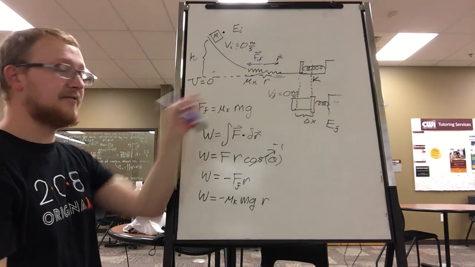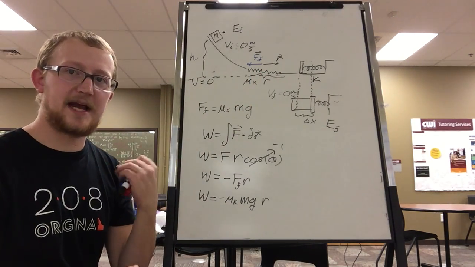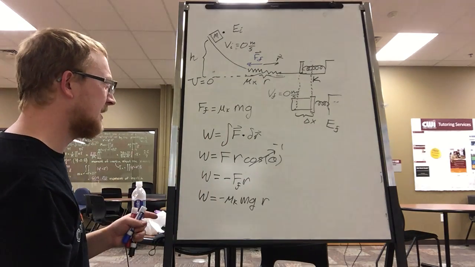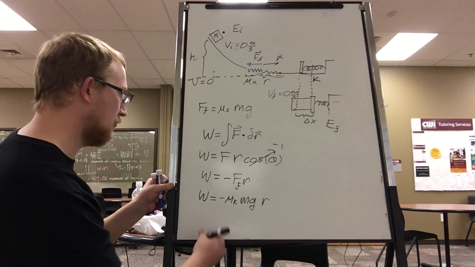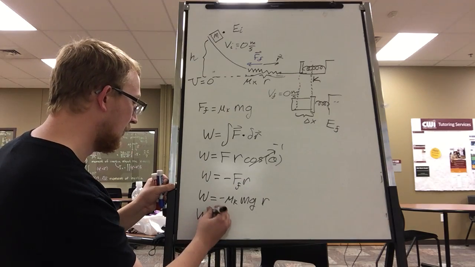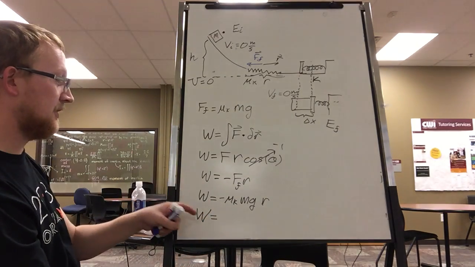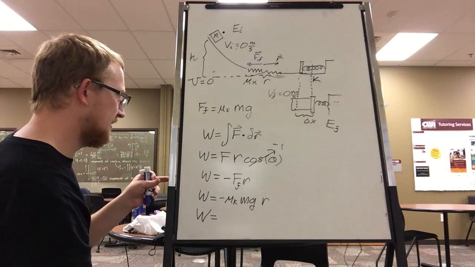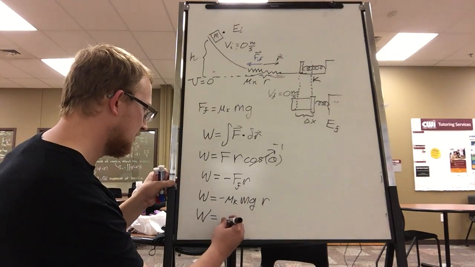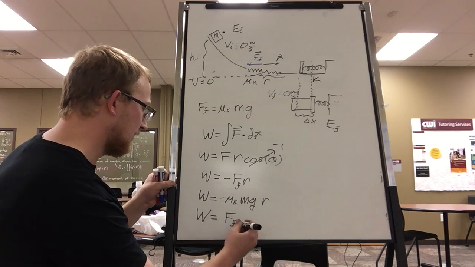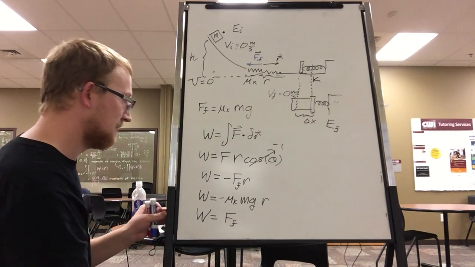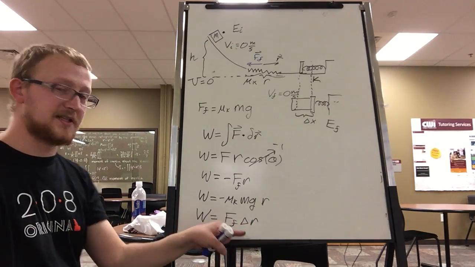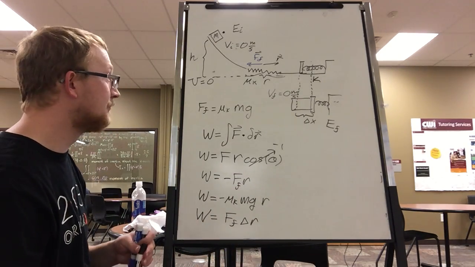So the beautiful thing about friction is that it is a constant force acting in the opposite direction, and so we don't actually have to integrate it. Now the more general form I think you would want to know is that the energy lost to the system due to friction is going to equal the force due to friction times the amount of displacement you are in the friction for.